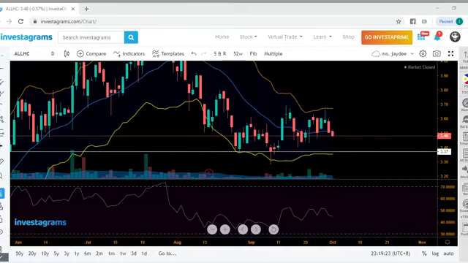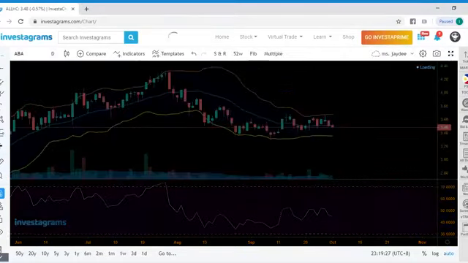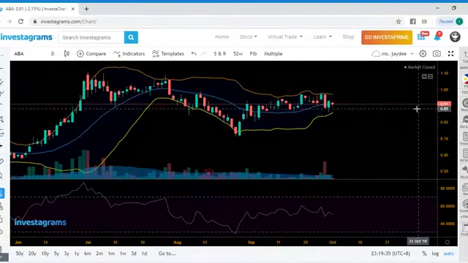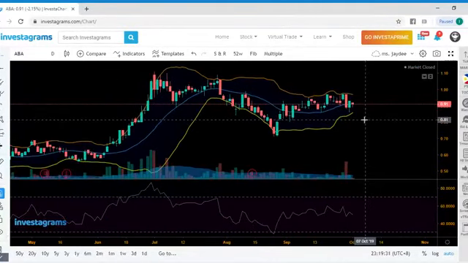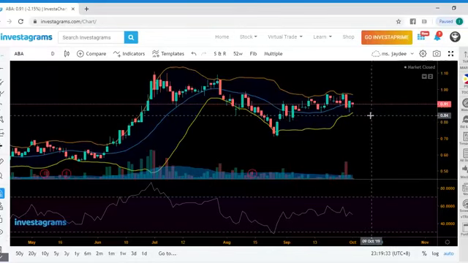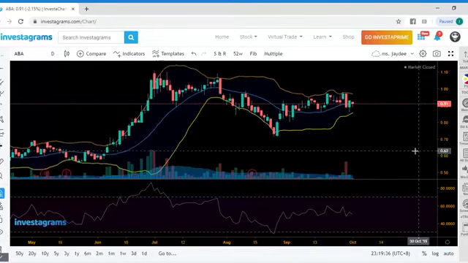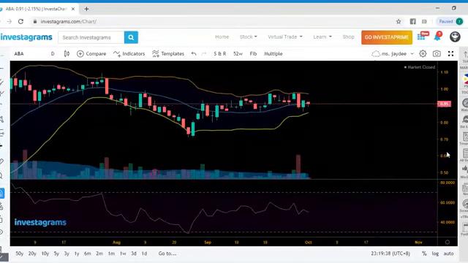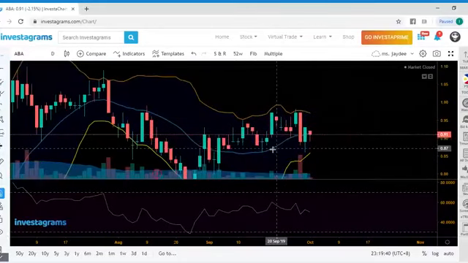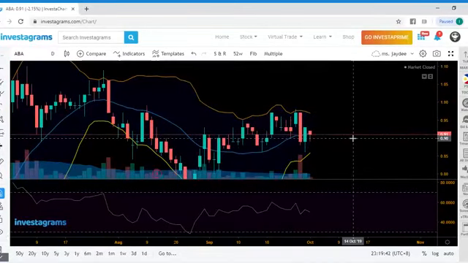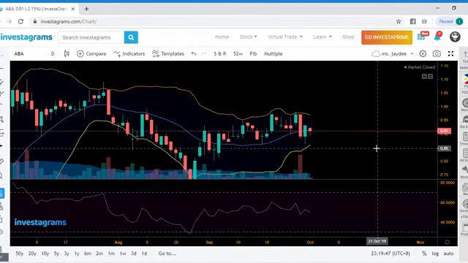Right, let's continue. Next is ABBA. For ABBA, still doing some sideways movement. You see it is sitting right at the MA20 line. So guys, the blue line here is your moving average in the past 20 days. I use the default for the Bollinger Band.